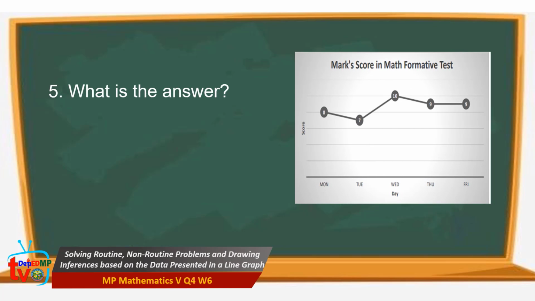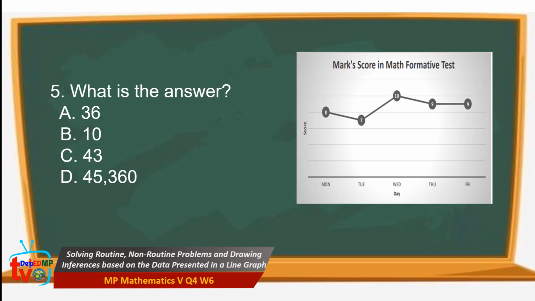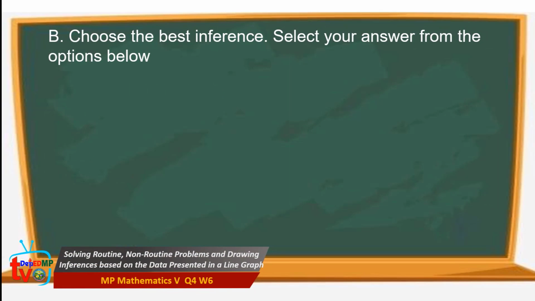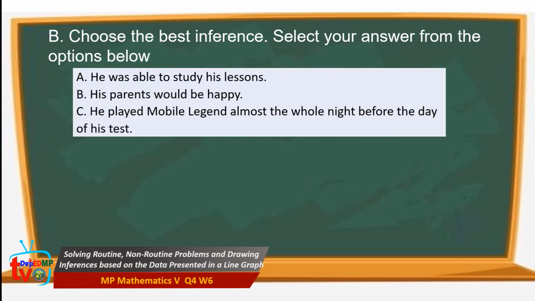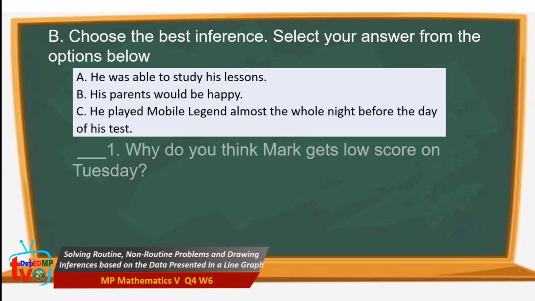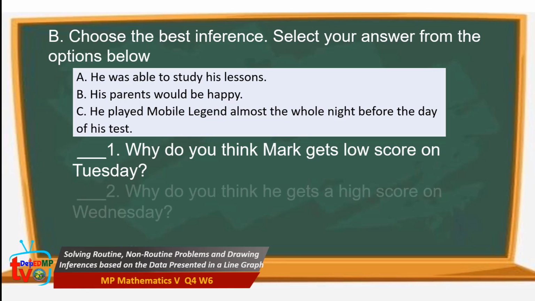Number 5. What is the answer? A. 36. B. 10. C. score on Tuesday? 2.